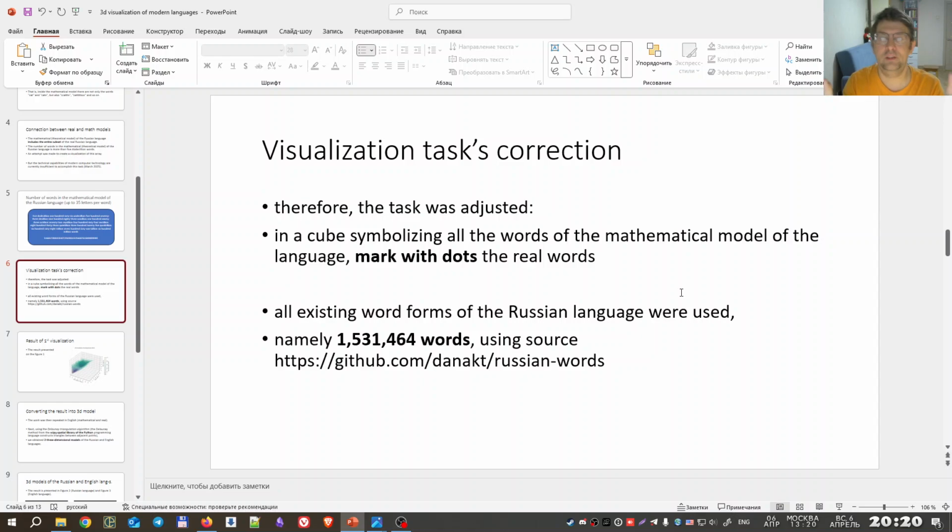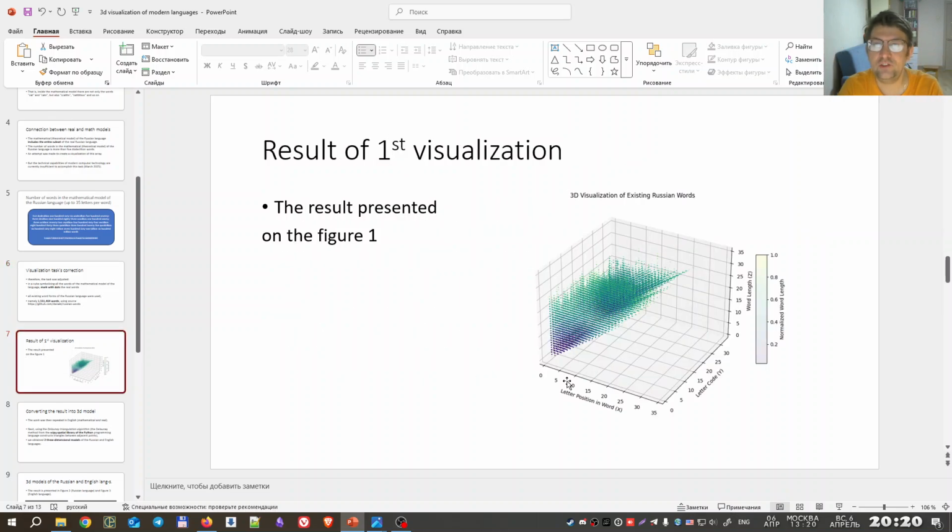The idea is just to mark the real words with dots. Can we have a look at it? Yes, we can. That's our first visualization, all the existing words on this 3D graphic. Okay, let's move on. How can we convert this graphic into the 3D model?